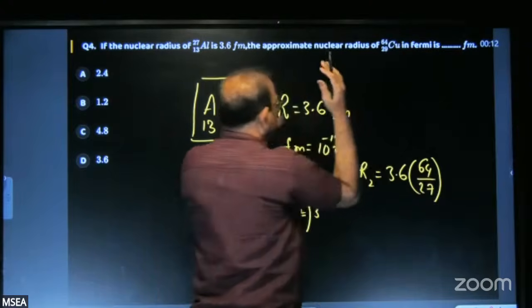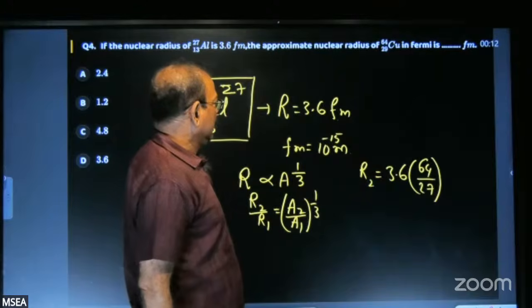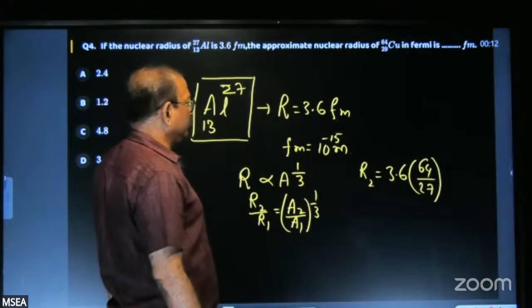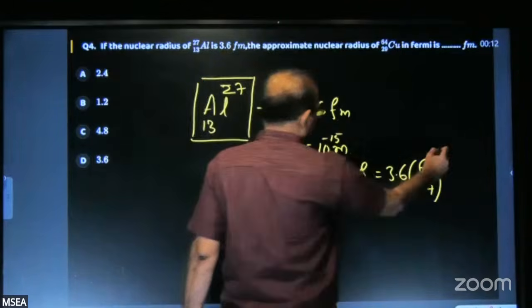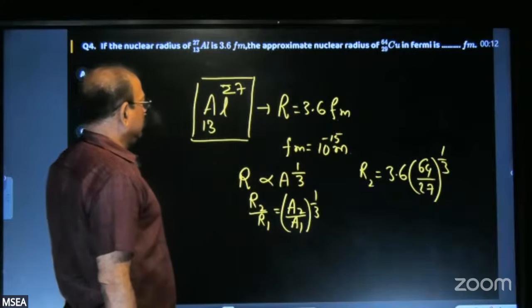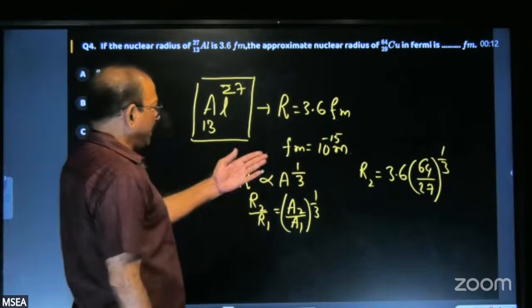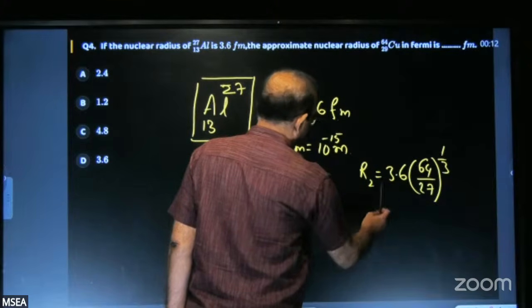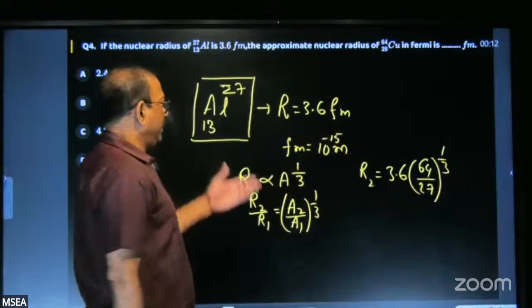This 64 is the mass number A. You will get R2, 4.8, I think. This is 4 by 3, 1.2 into 4, so 4.8 you will get.